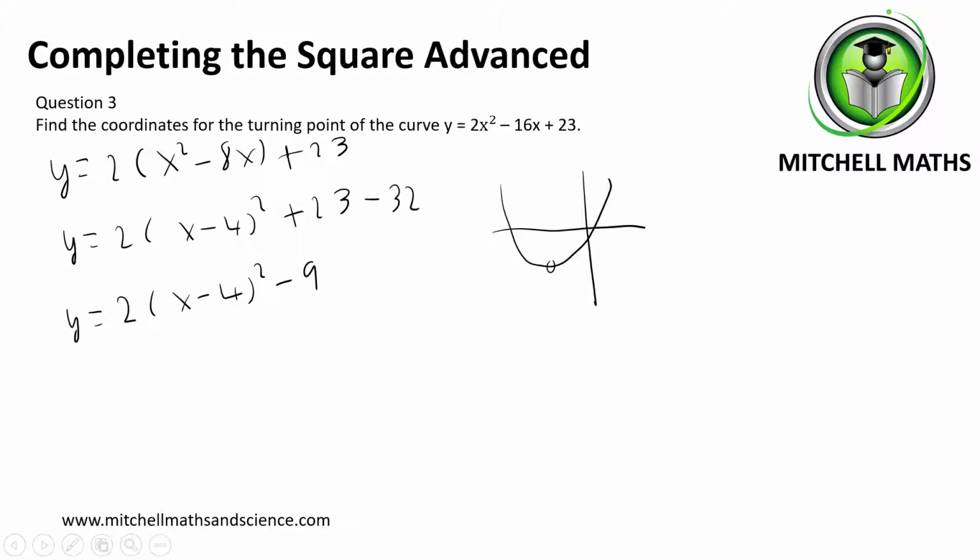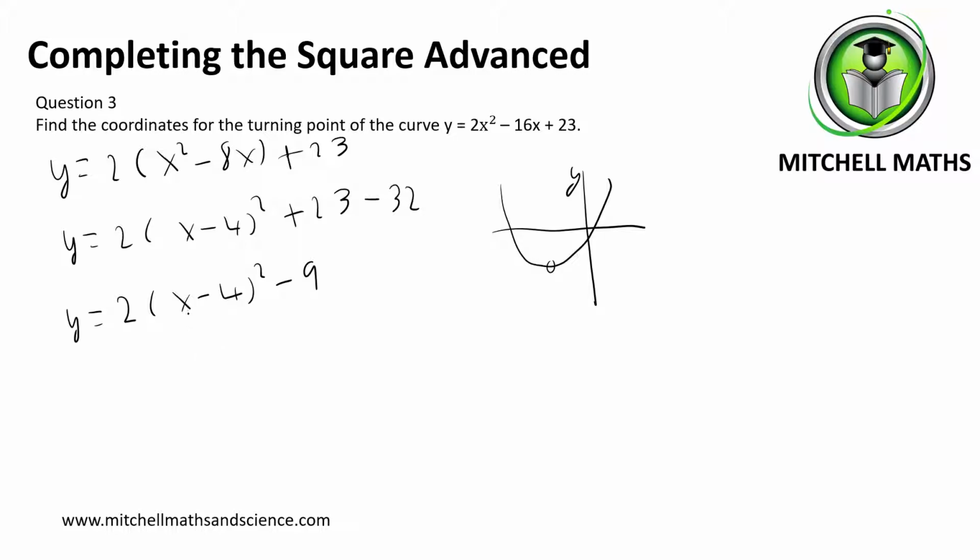And if we want the coordinates of the minimum point, so that's when y is at its minimum value, well, this bracket needs the smallest thing we can make. Because this bracket's going to be squared, the smallest number we can make this is 0. Because if we make it a minus, a minus times a minus would be a positive, which would make y bigger.